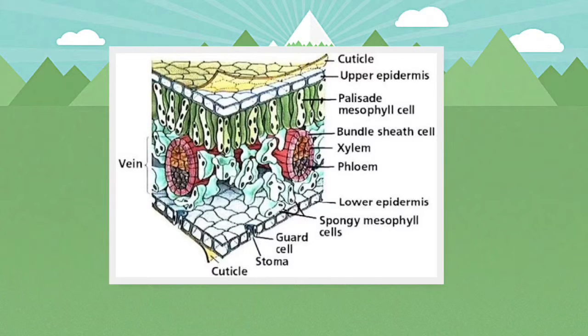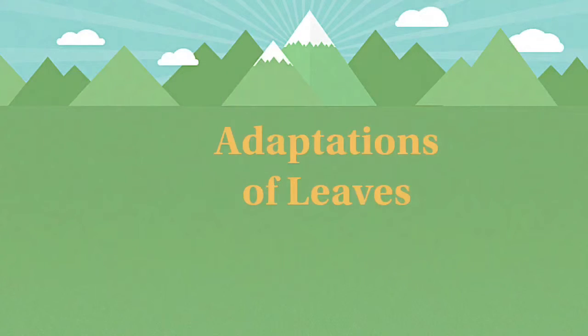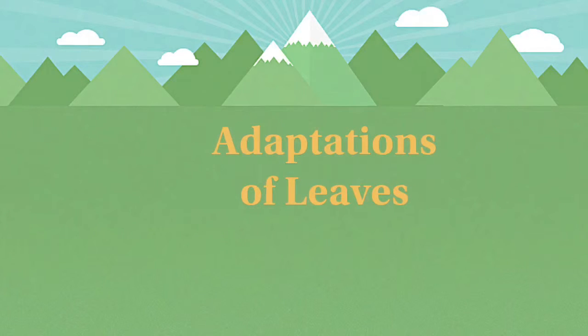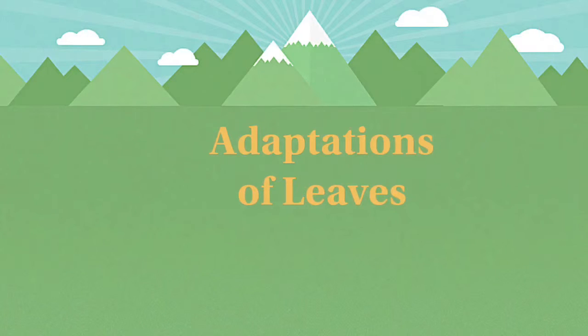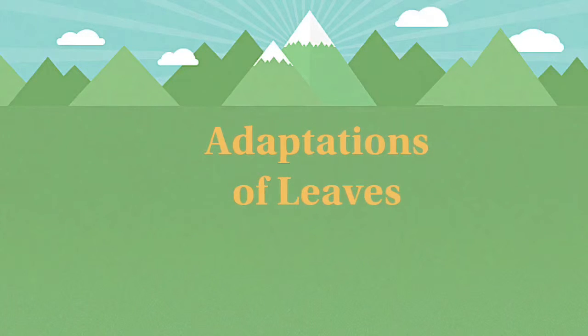The stomata close and open in certain environments or conditions because the plant does not want to lose a lot of water. There are many adaptations in the leaves. For example, the leaf is supported by a stem and petiole. These structures help the leaf expose as much sunlight and carbon dioxide as possible. There is a large surface area, so a large amount of sunlight and carbon dioxide can go through the leaf.